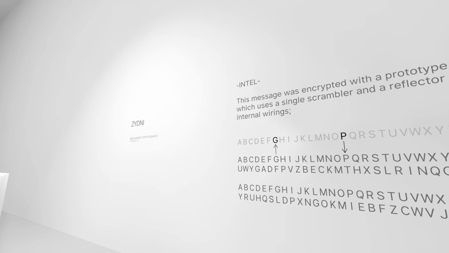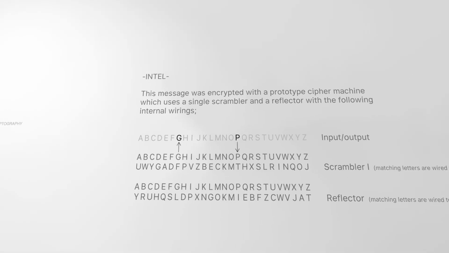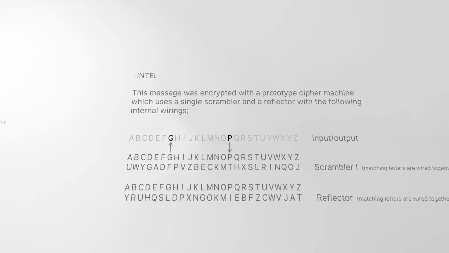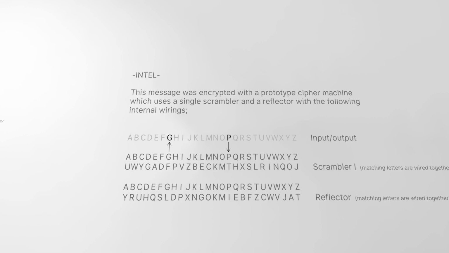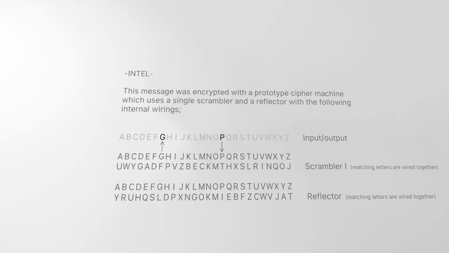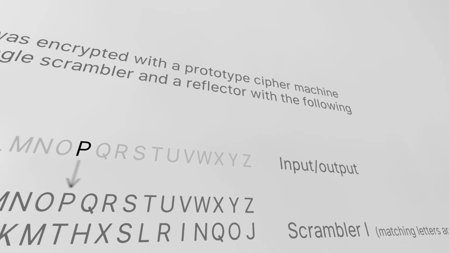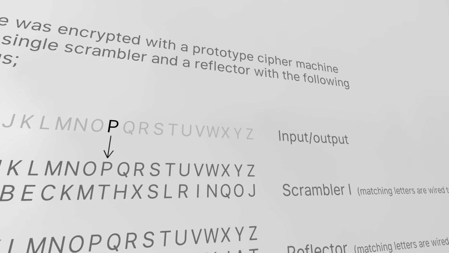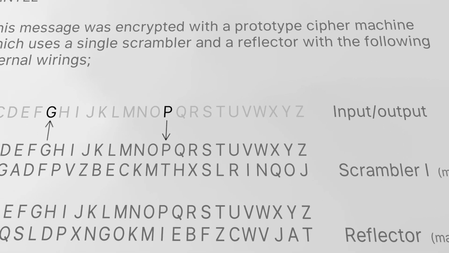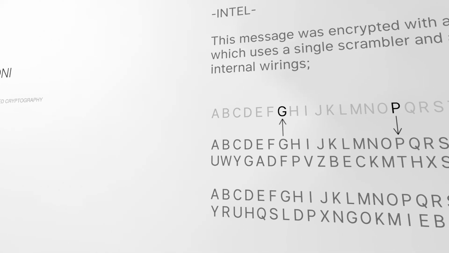And now what we want to do is input Q and turn that into an X. Since the reflector doesn't move, we know that if our output is supposed to be X, we need a Y in the top row of the scrambler, so we need a Y in the bottom row of the scrambler, which is the 3rd position.